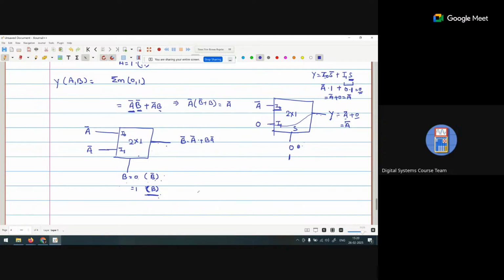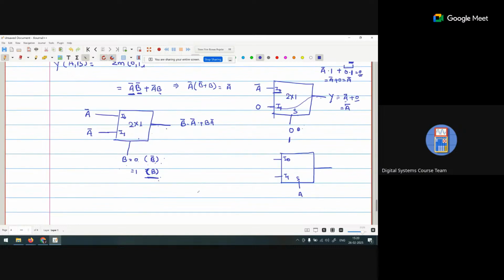Now a second way is also available: if I connect A to the select line with the input. Now when A is 0, that means it is A bar. What do we require as the output? A bar. So if A is 0, that means A bar, and A bar multiplied with 1 is A bar.